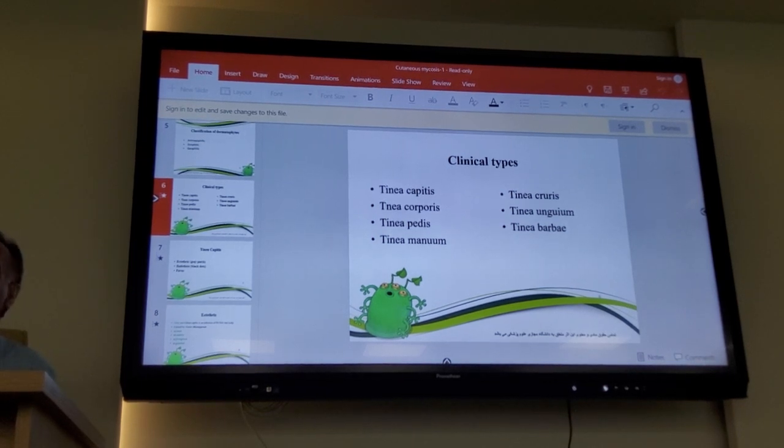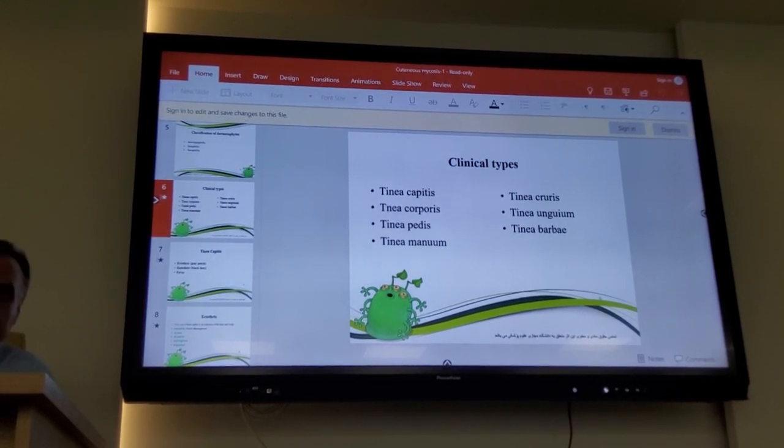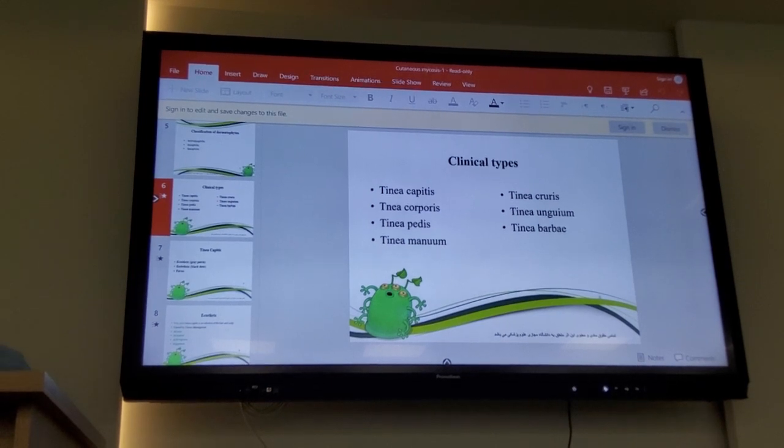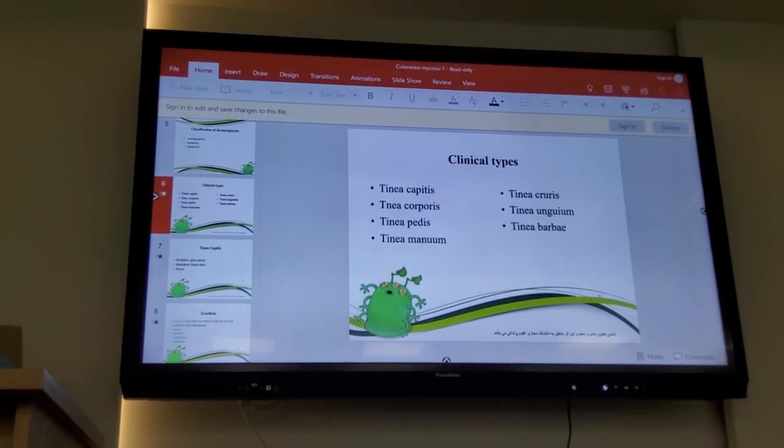When the skin of the genital area is affected by these fungi, the name is Tinea cruris.